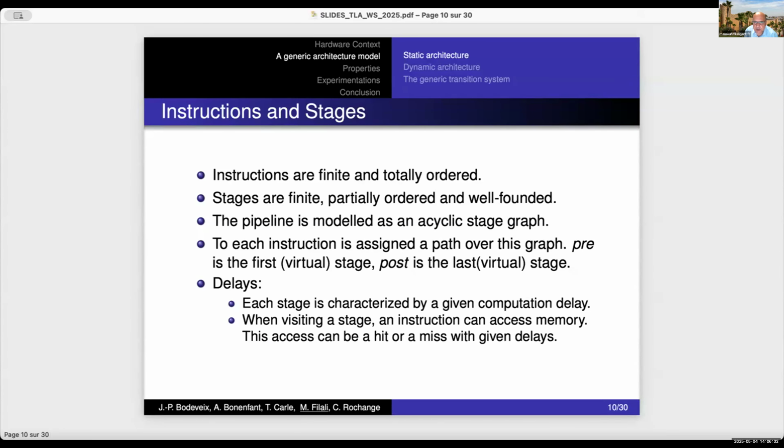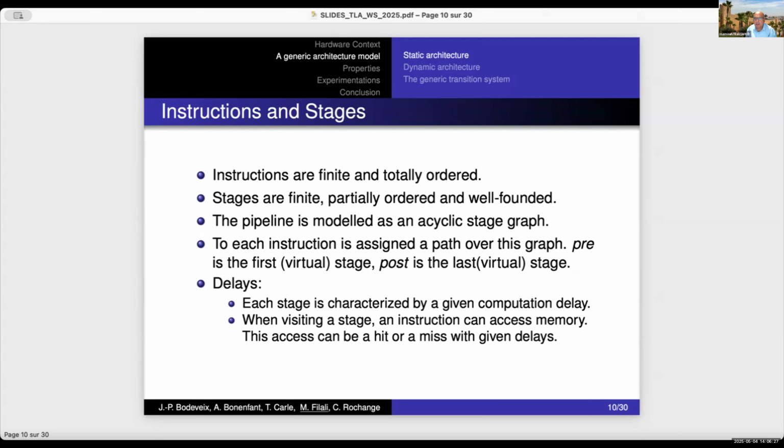We consider that instructions are finite and totally ordered. For the stages, we also consider that stages are finite, partially ordered, and well-founded. That is, we cannot have an infinite descending or ascending chain of stages ordered according to the partial order.